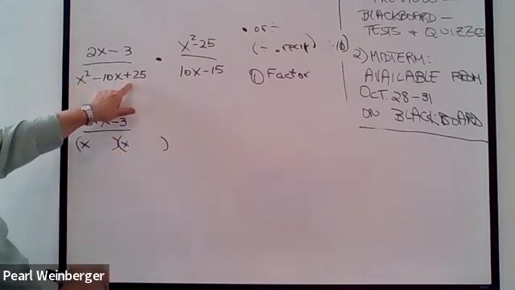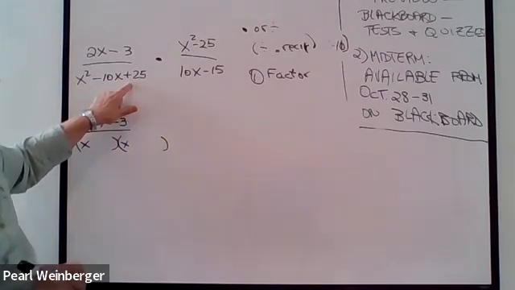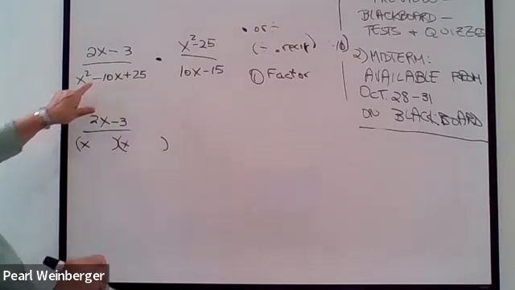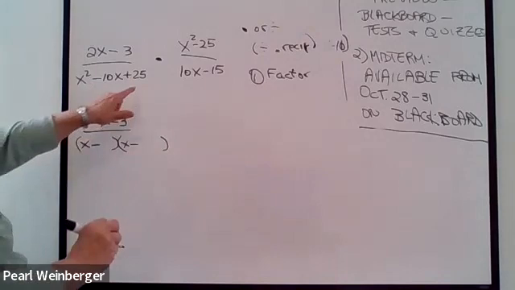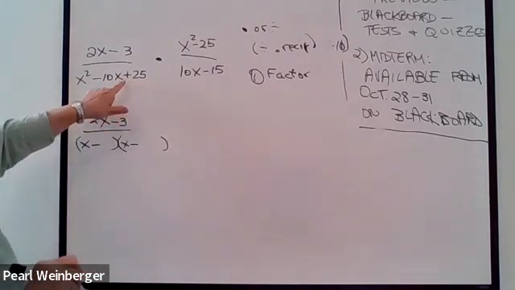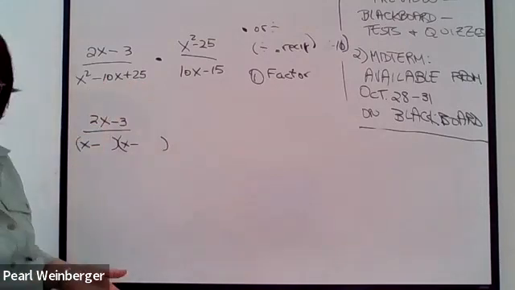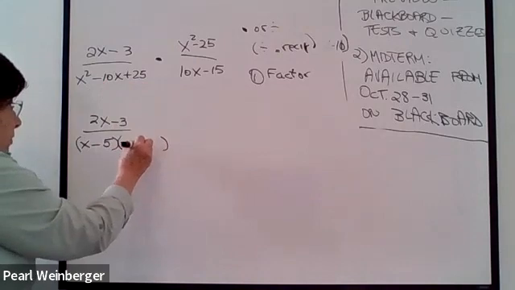Then since my last term is positive, both signs are going to have to be the same sign. The middle sign is negative, which means these are both going to be negatives. And we're looking for numbers that multiply to 25, but when we add them, we get 10. Obviously, that's 5 and 5.